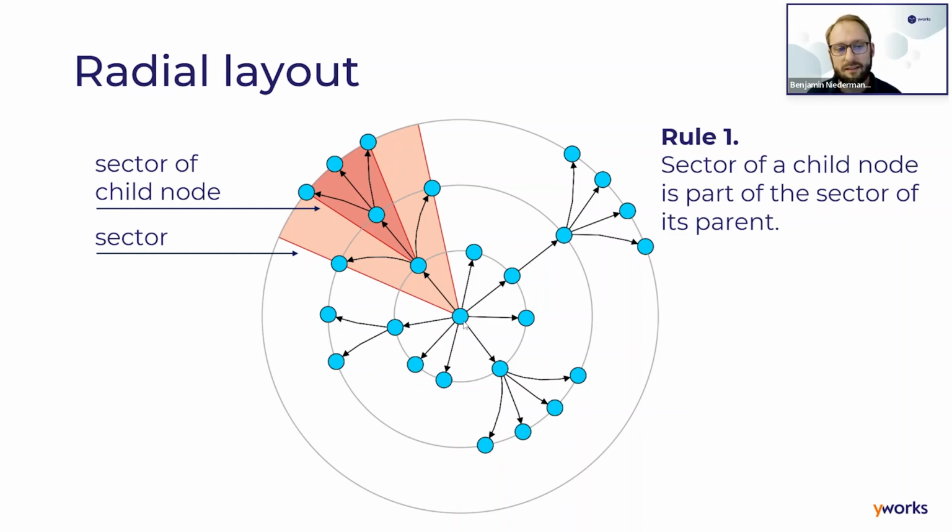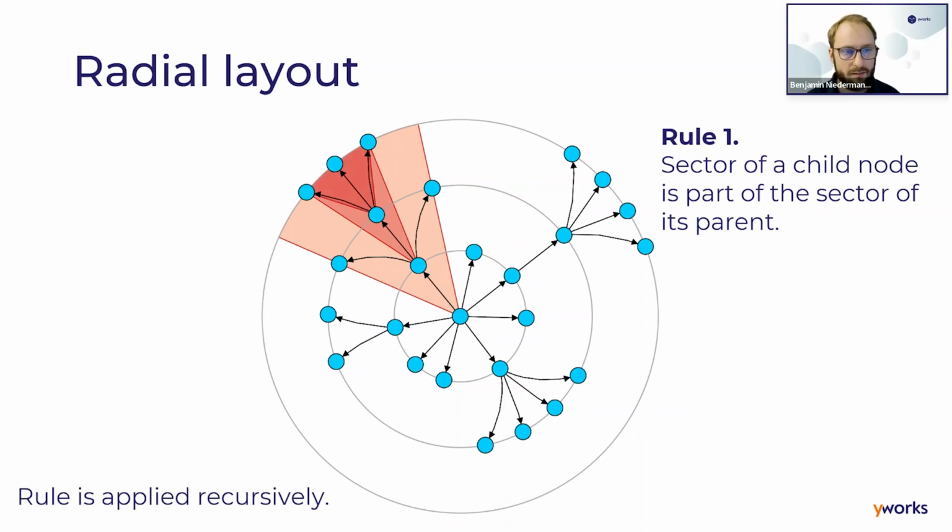This basically results in a layout where we point outwards from the center of the entire layout. And this rule is defined recursively. So the sector of this node here is again contained in the sector of this node, and because this sector is contained in this sector, we know that the smallest sector is also contained in the largest sector.